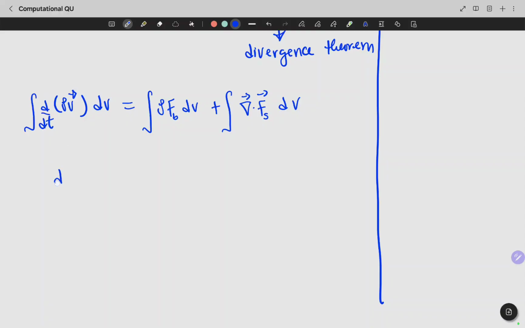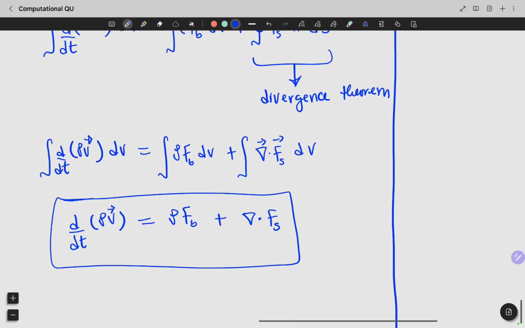You get something like d by dt of rho v equals rho fb and the divergence of fs. And this is called the Cauchy momentum equation.